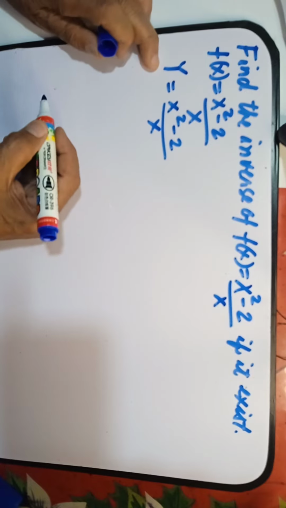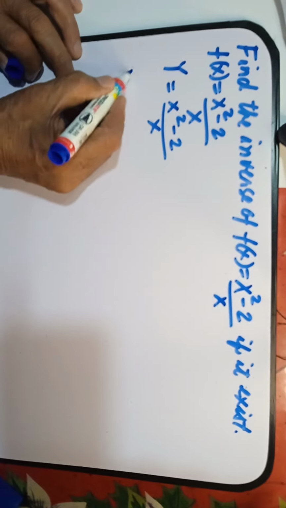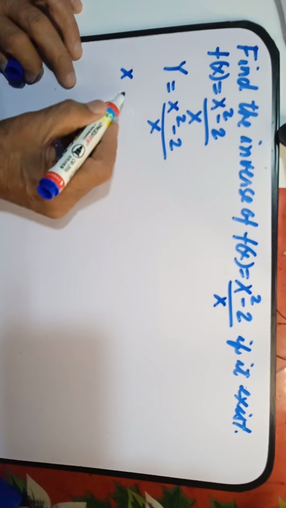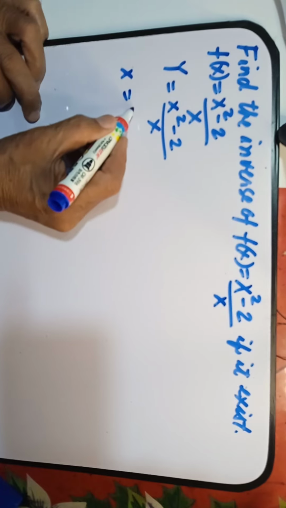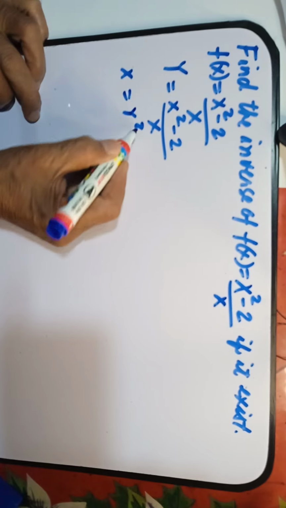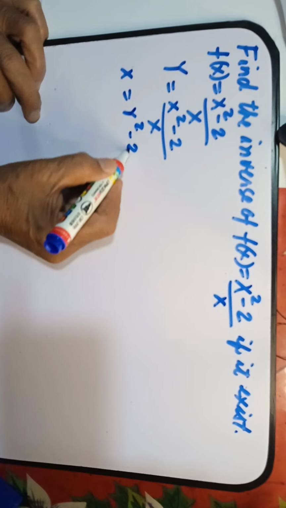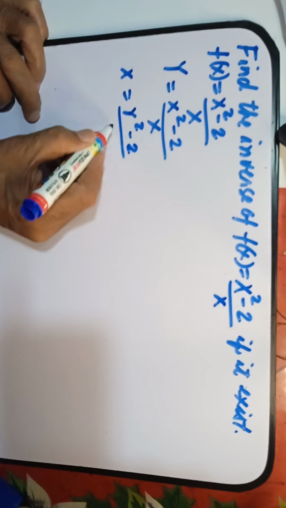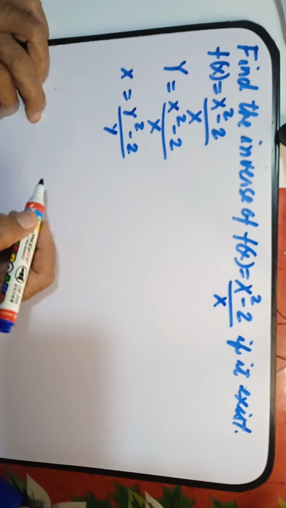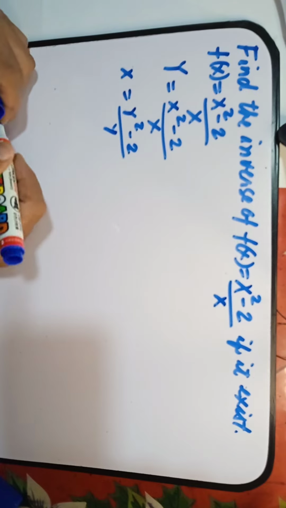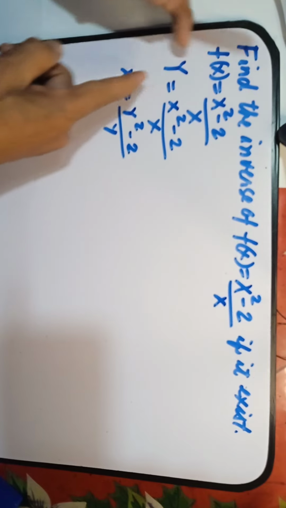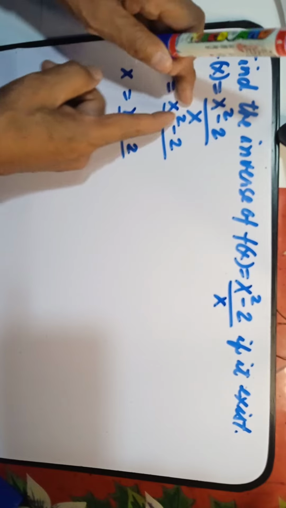And we change y to x and x to y. Y squared minus 2 over y. Okay, so we change y to x and x to y.